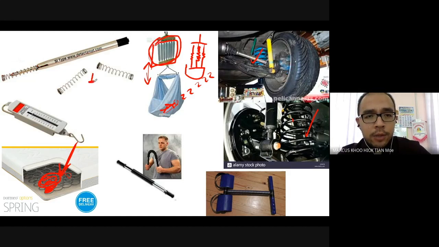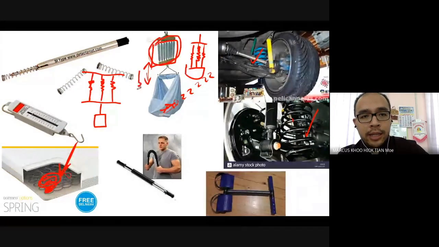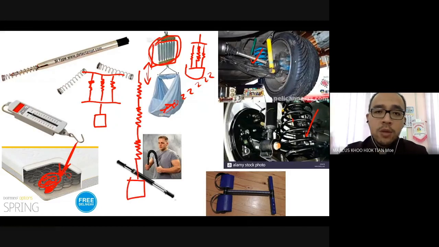What is the difference between this kind of arrangement? Let's say if I give you 3 springs lah, and I ask you to put a load over here. If I arrange it like this, or if I arrange it like this, tell me which is more elastic.